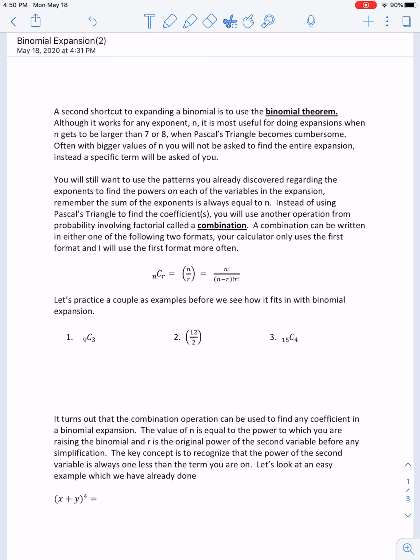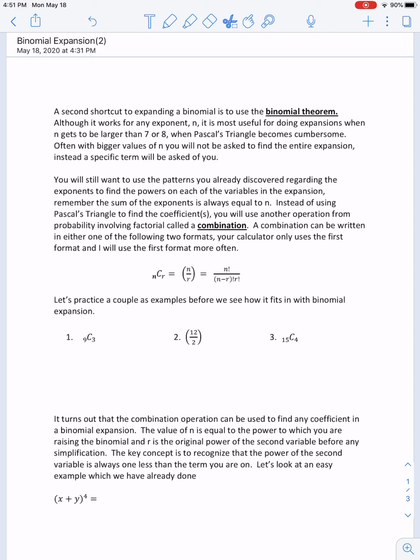There's two ways to write a combination. It looks almost like a foreign language, but it has very definite mathematical meaning. They both equal the same thing, involving some factorial. It is either nCr, and some people would say that is n choose r.